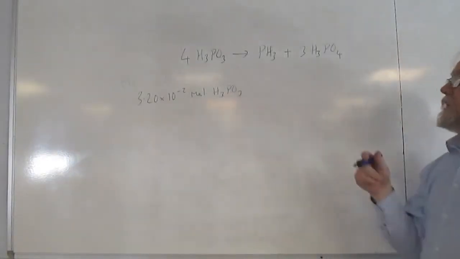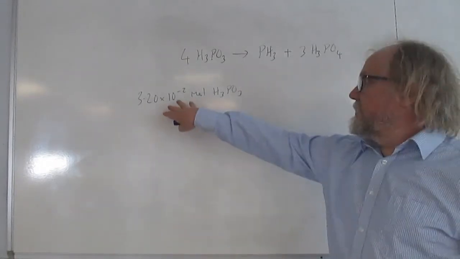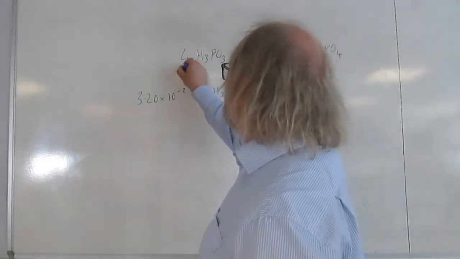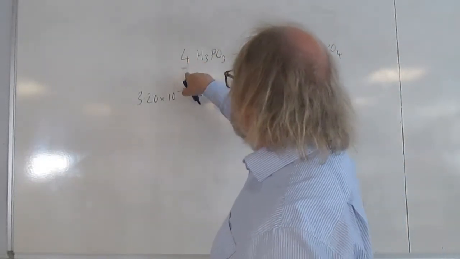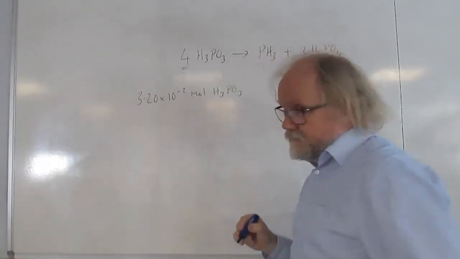Okay, so now we've got this reaction of H3PO3 decomposing to make phosphine, and it's asking us, give the amount of H3PO3 to calculate the volume of phosphine. So the starting point is, again, to look at the equation and to realise that for every 4 moles of H3PO3, you only get 1 mole of phosphine.